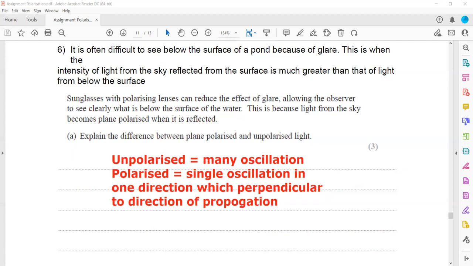The direction in which it propagates or moves, that direction is perpendicular to the direction of the vibration.